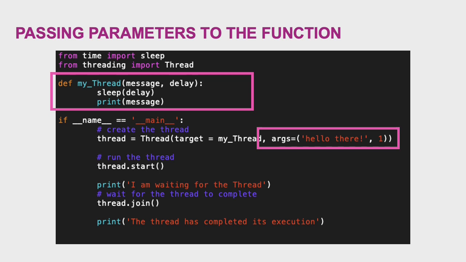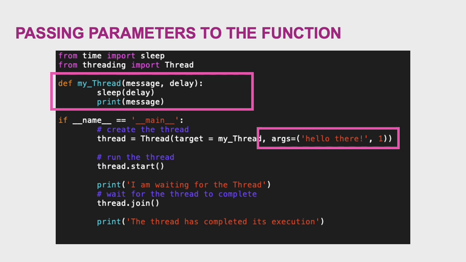The rest of the code is pretty much the same. So we instantiate the thread, and we pass the function as the target. But here there's a difference. Basically, we can pass in arguments, and we use a tuple to pass the arguments. Let me say that the order of the arguments in the tuple is the same as the arguments that are passed to myThread.